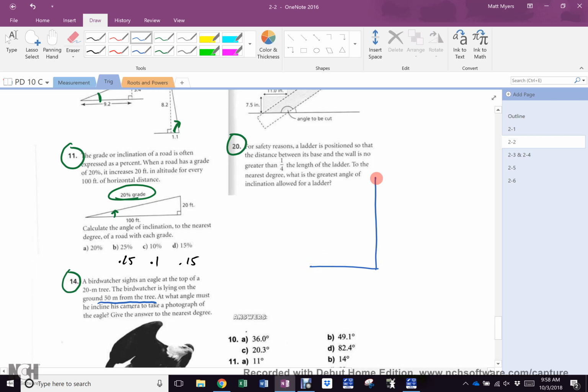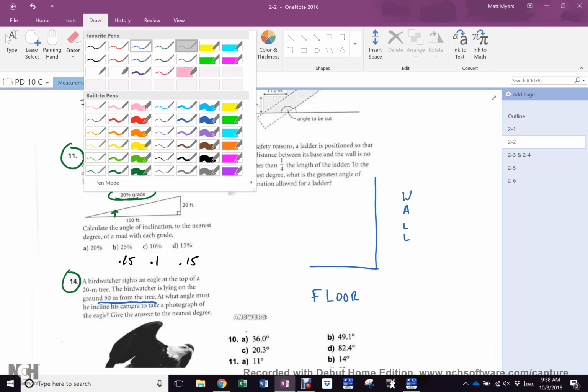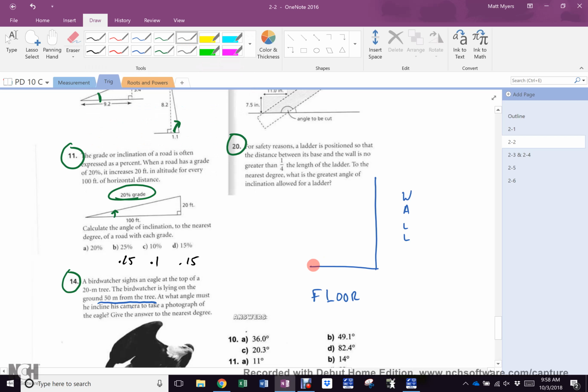Where's the wall? The vertical one. Excellent. Wall. Well done. Where's the floor? Excellent. Well done. See, everybody says my drawings are so bad, and yet all of you know where the floor and the wall are. Where is the ladder? Non-existent at the moment. Leaning against the wall.